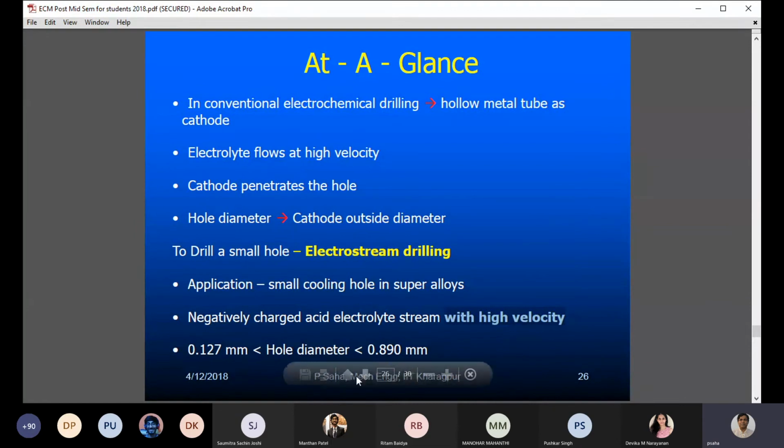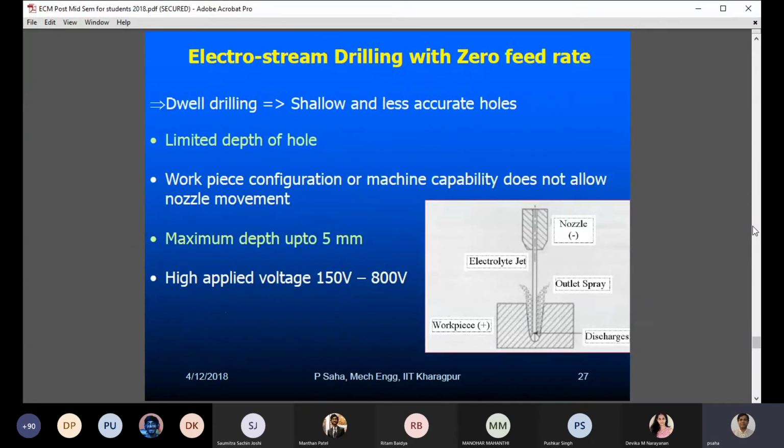Typically for this process, the hole diameter will range between 0.127 millimeter and 0.89 millimeter. So that is all a sub-millimeter range.